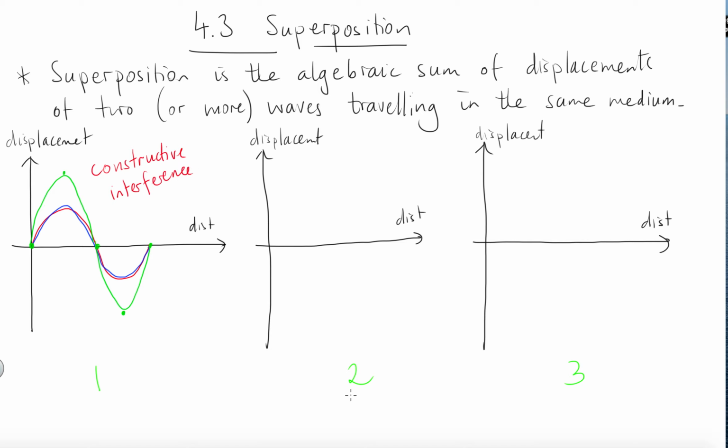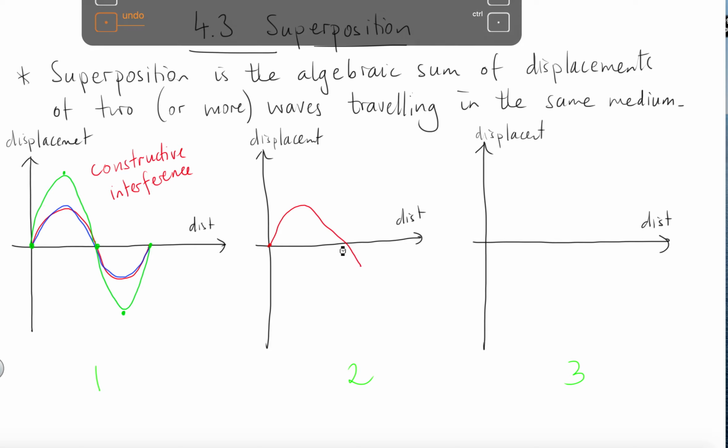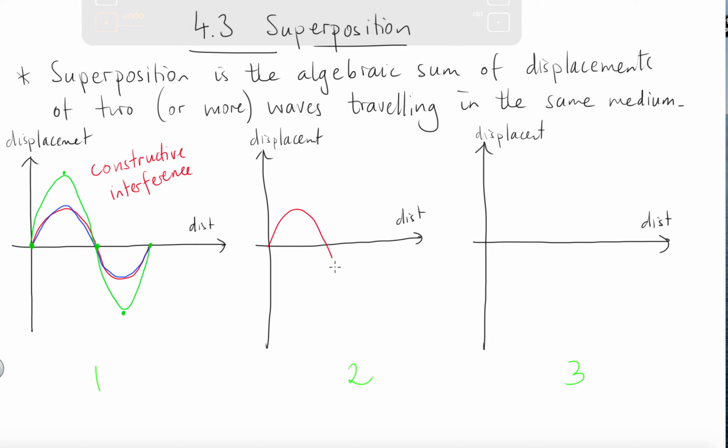However, in our second scenario, let's have the situation where the red wave, which looks like this, meets up with the blue wave, which is exactly out of phase. In this case, all the positions would exactly cancel out to give a superposed wave which has 0 displacement.